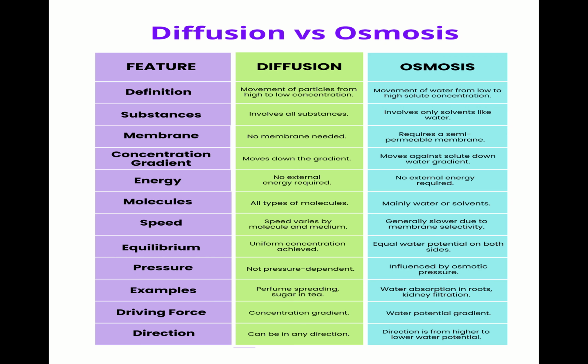That is called diffusion. If you spray perfume in a room, the whole room smells. That indicates that diffusion has happened because of movement of substance from higher concentration to the lower concentration.